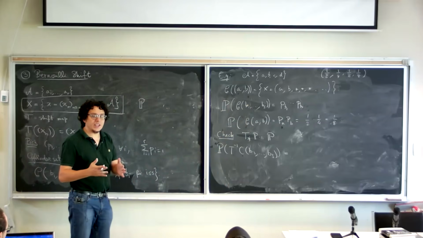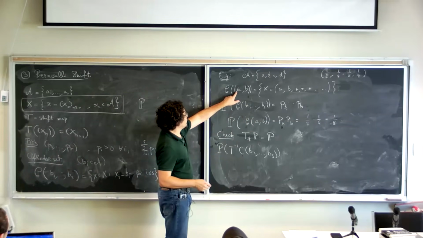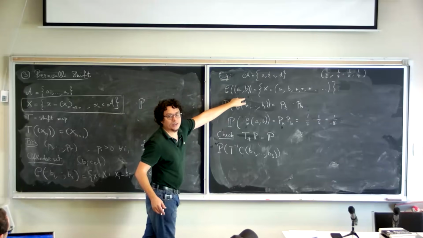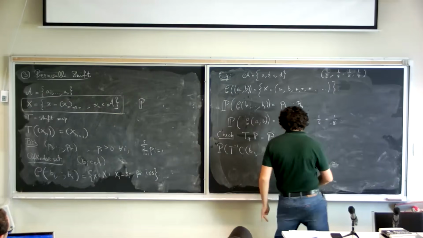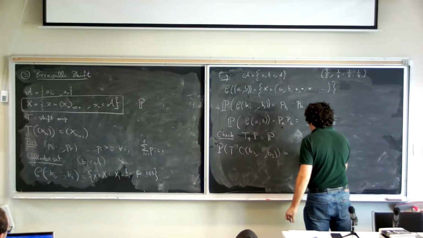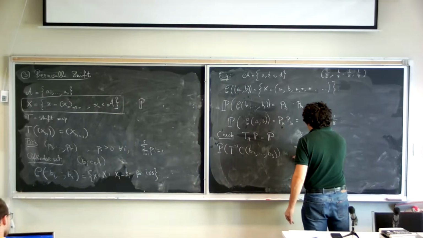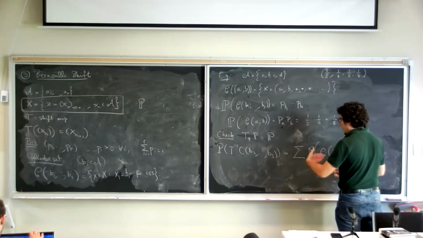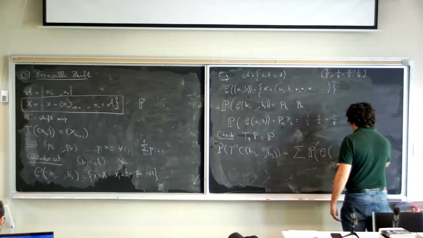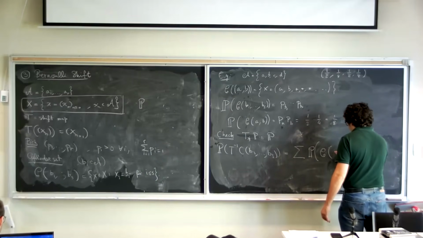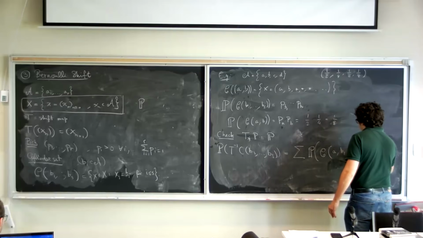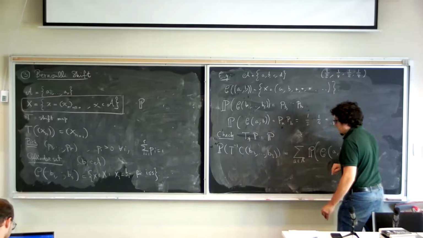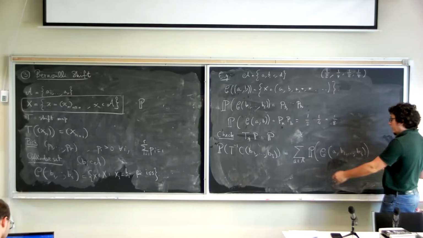It's a union of cylinder sets where the first digit is not specified, it could be anything, and then the second and the third are those ones. Exactly. So this would be the sum, because they are disjoint, of the probabilities of cylinder sets with a new letter A, then B1 through Bs, where A could be any letter in the alphabet.